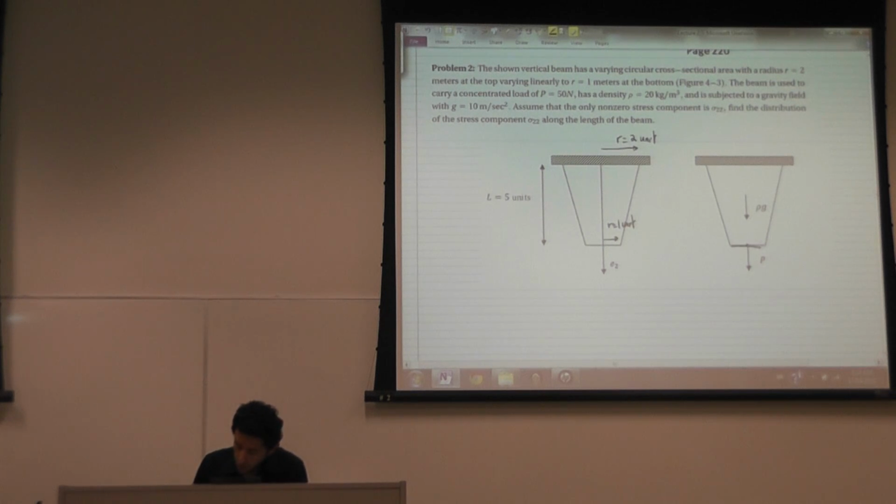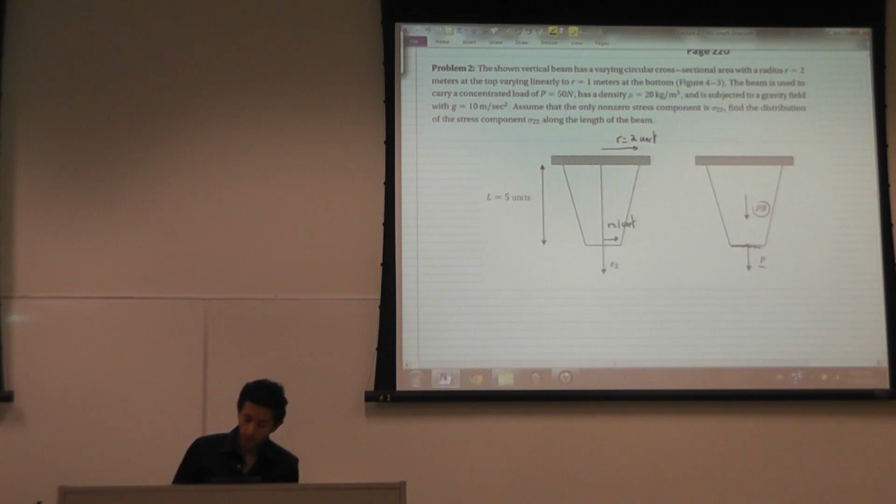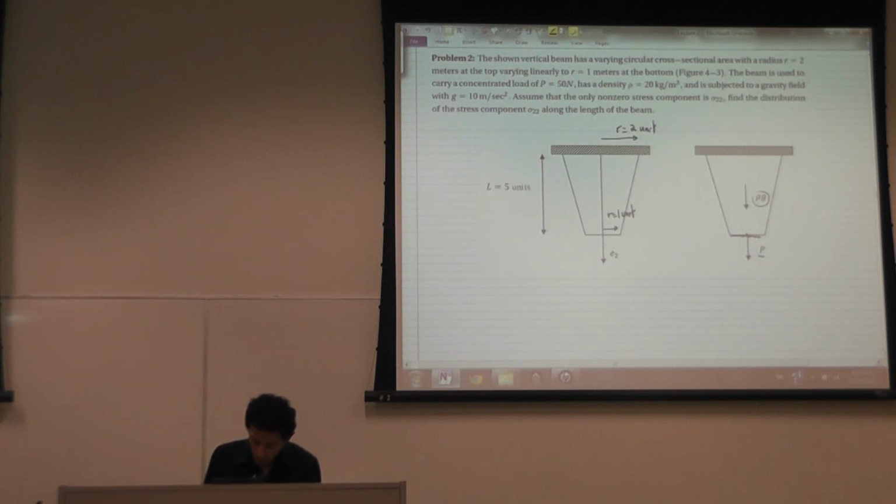There is a force here that's equal to P, and there is a gravity field that's equal to rho g. The shown vertical beam has a circular cross-sectional area, and the radius varies linearly. I'm going to call this coordinate inside the object x2.